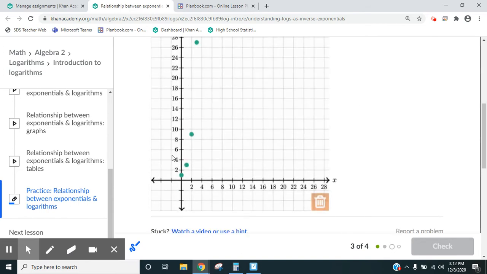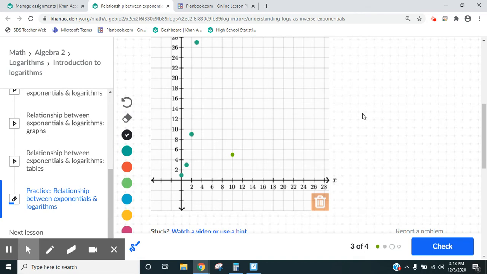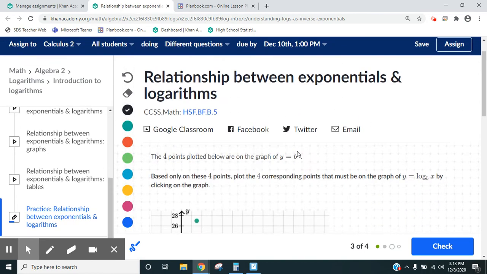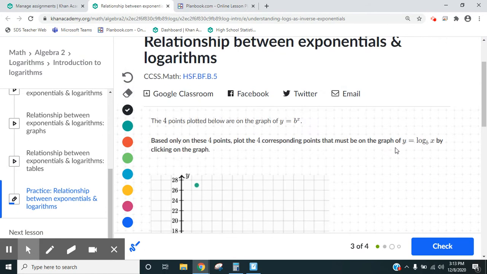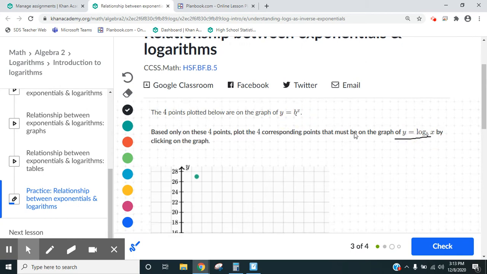So inverses work like this. If I take a look at this point here on the graph, this point is at 0, 1. And this is a graph of an exponential function. So what they're asking us to do is find the graph of the log with the same base.